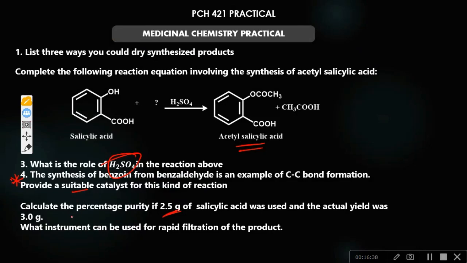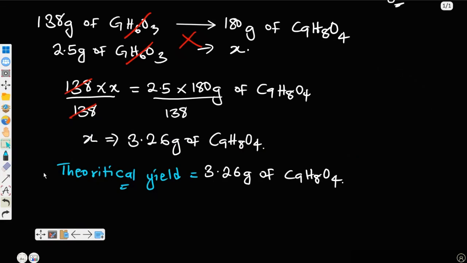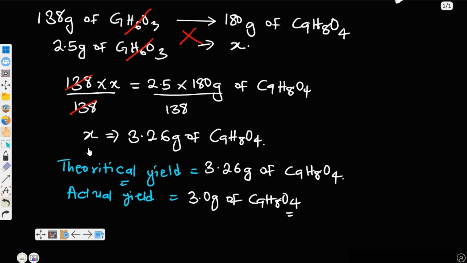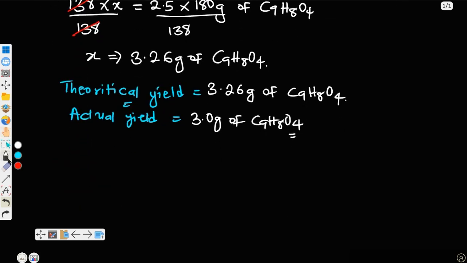If the actual yield is 3.0, so actual yield we got was 3.0 gram of this. And then the next question is the percentage purity.